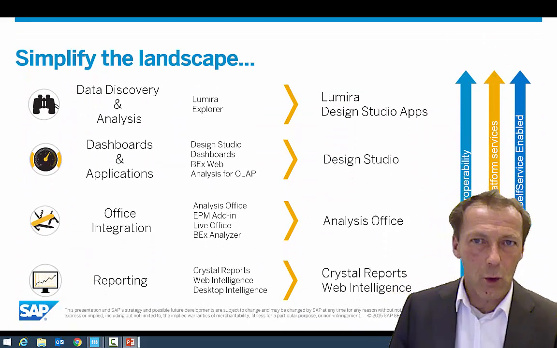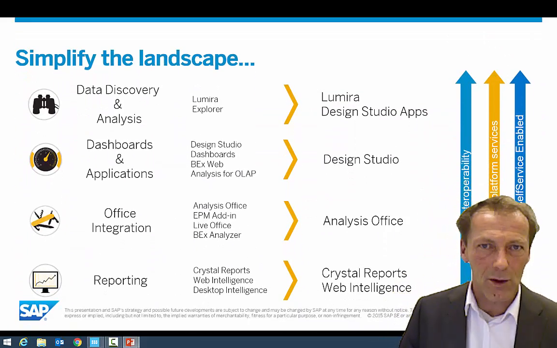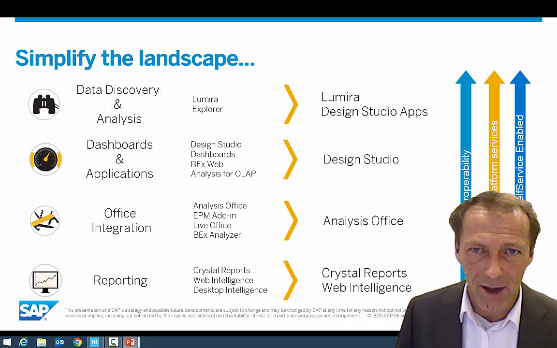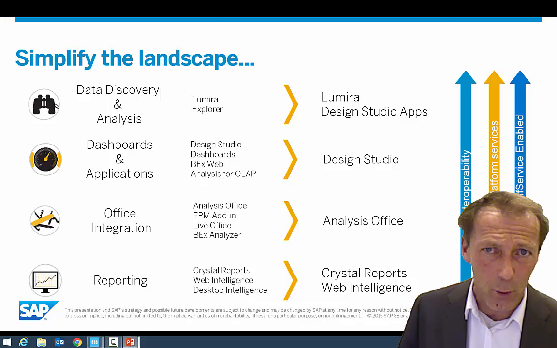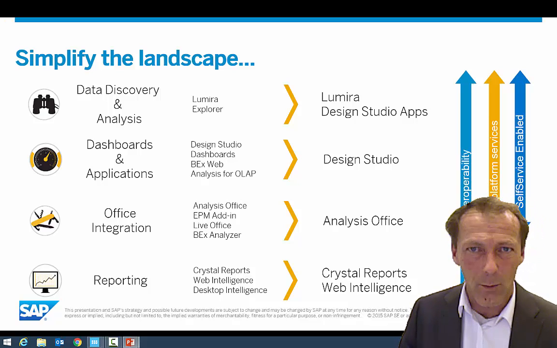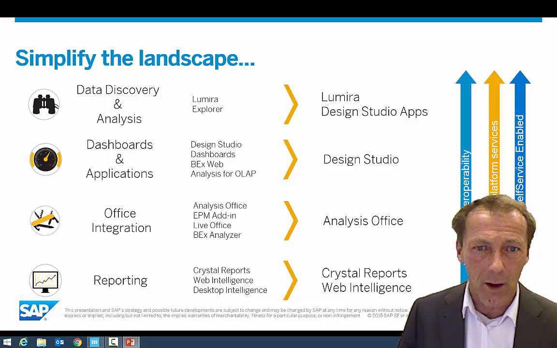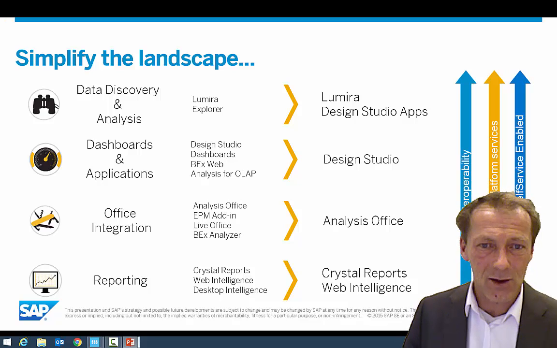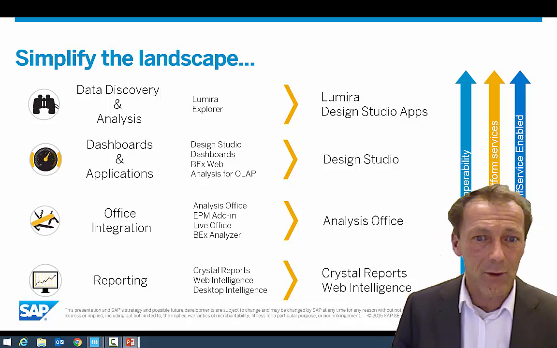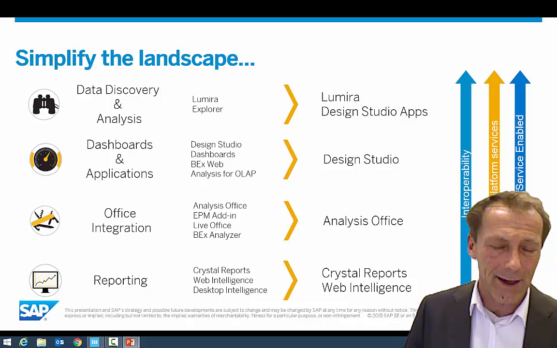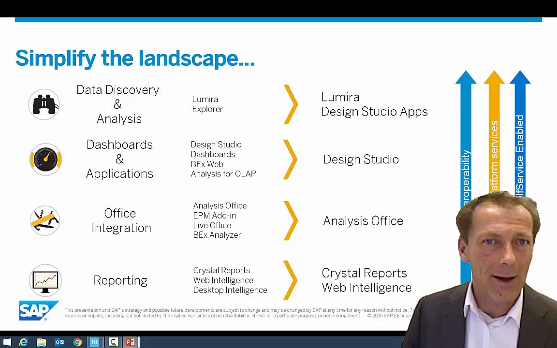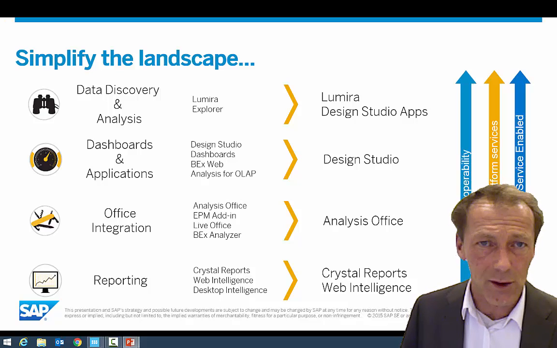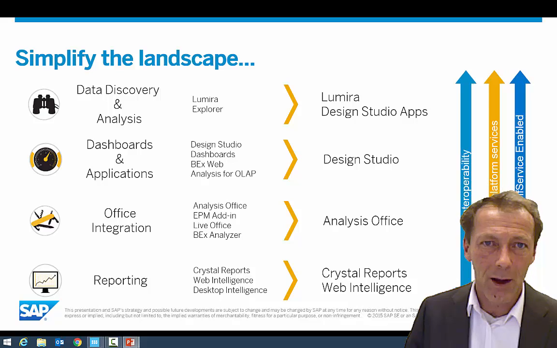So we are going to go quickly. We have 30 minutes, so let me focus on the simplification program of SAP. The BI Suite is composed of around 14 components, and the components that SAP is focusing on are the ones that you see on the right hand side next to me. If you talk managed dashboarding, the product to go is Design Studio, HTML5 driven, with native connectivity to Universes, BW, HANA, for example.